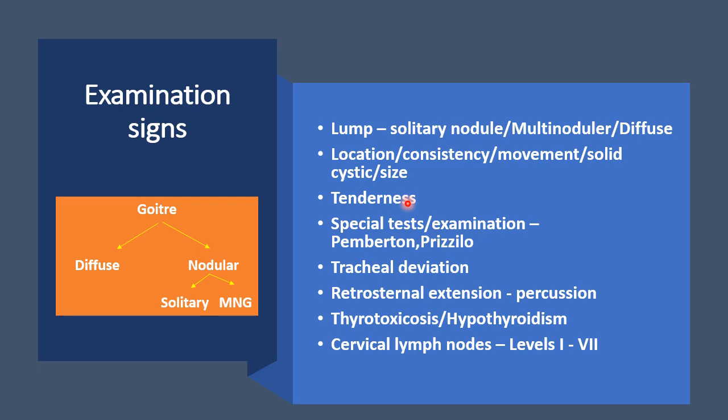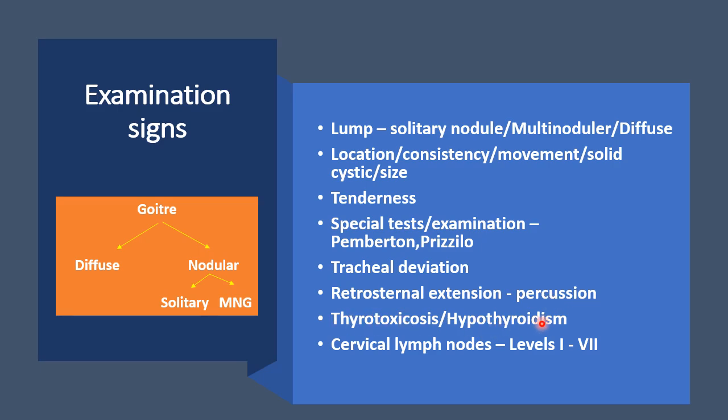Then you look for tenderness, very important. In thyroiditis, usually the thyroid is very tender to touch. Then the special tests which I mentioned, Pemberton, Pizzillo. Then look for tracheal deviation, and retrosternal extension by percussion.